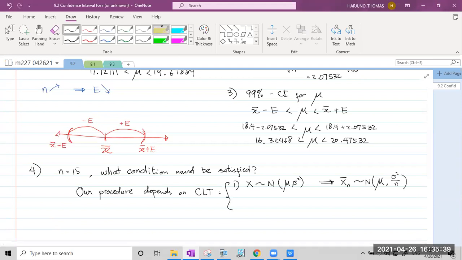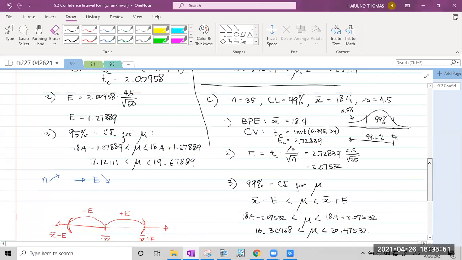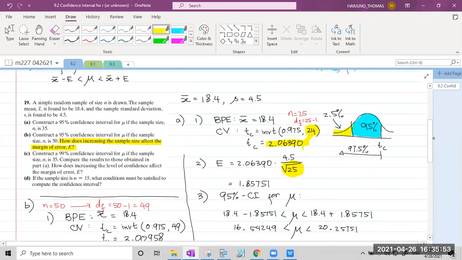In other words, the sampling distribution is already normal for any sample size if the underlying distribution is normal, which was not the case of what we have here. There is nothing in the passage saying that the underlying distribution is normal.